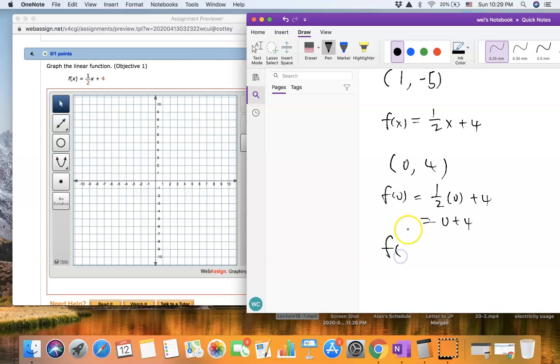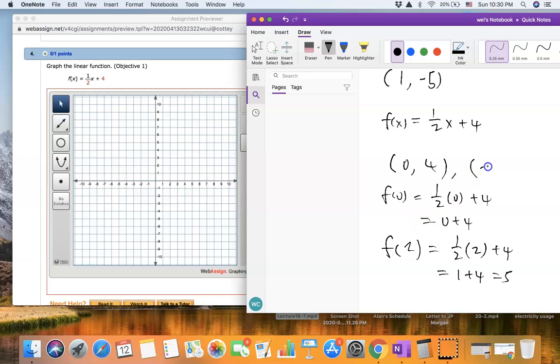Now, for the second point, we can use 2. If x equals 2, the y value is 1 over 2 times 2 plus 4. 1 over 2 times 2, that is 1. 1 plus 4, that is 5.